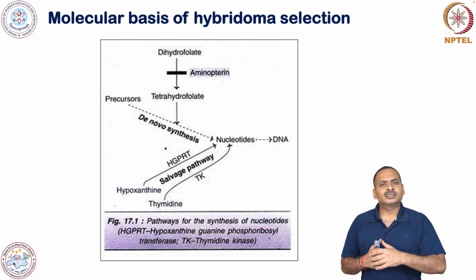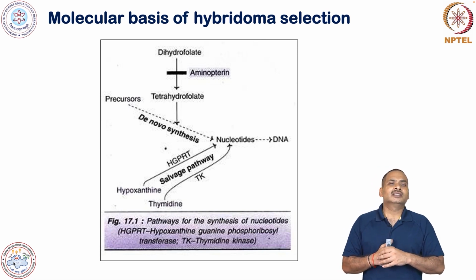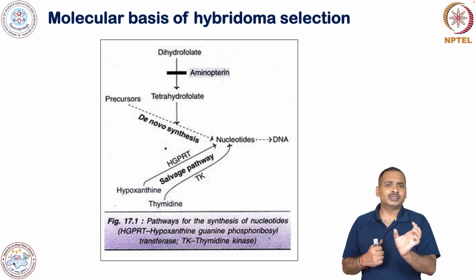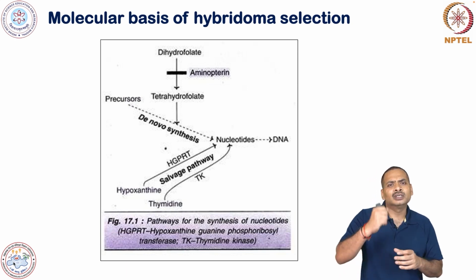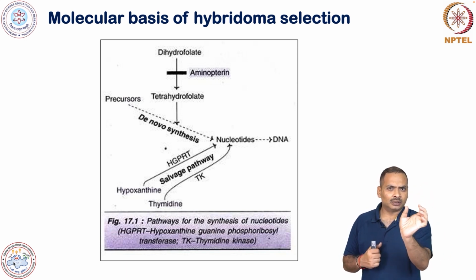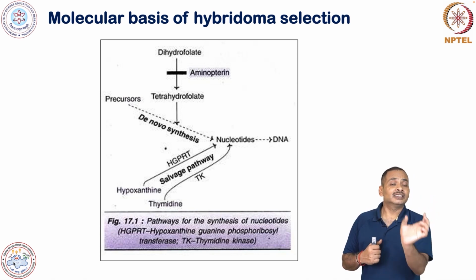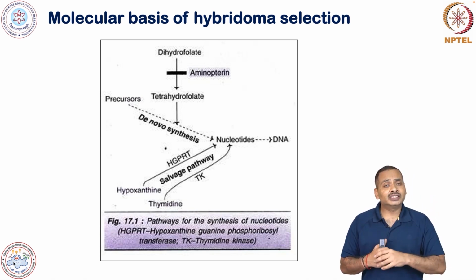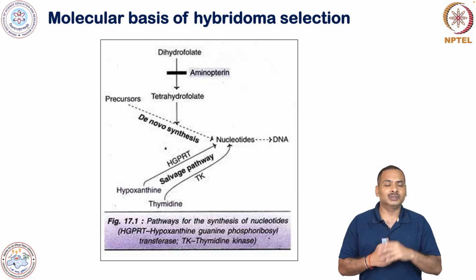So after putting on this HAT media, what will happen? This aminopterin will kill the de novo pathway. And please remember, the cells which are derived from spleen will have both the dihydrofolate reductase enzyme as well as hypoxanthine guanine phosphoribosyl transferase, which is absent in myeloma cell. Please remember that thing.